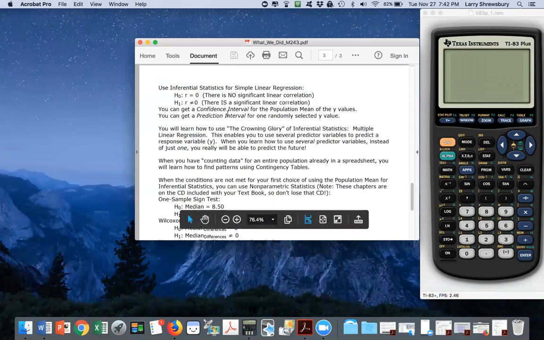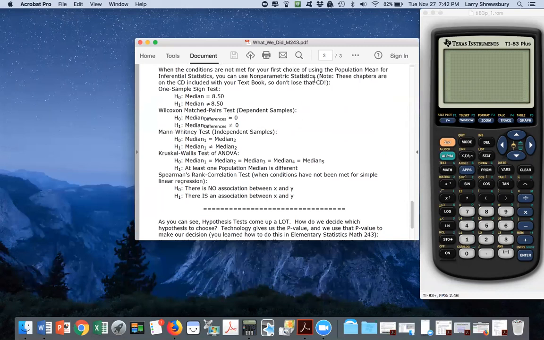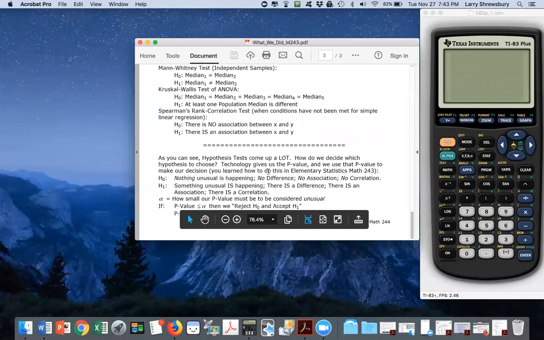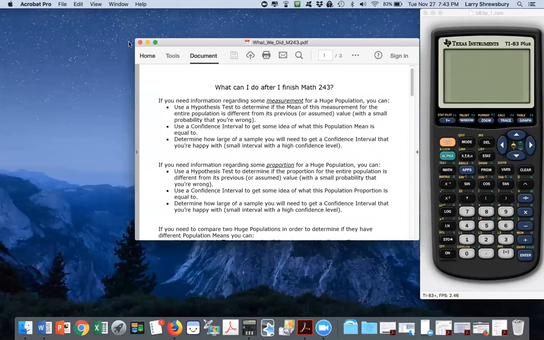Oh, and in this class, we learned the first choice methods, the most powerful, most efficient, but the conditions have to be met. And if the conditions aren't met, they're second choice methods. They're known as nonparametric statistics, and we cover that. Anyways, you'd be able to add a whole bunch more tools to your statistical tool belt if you took Math 244.